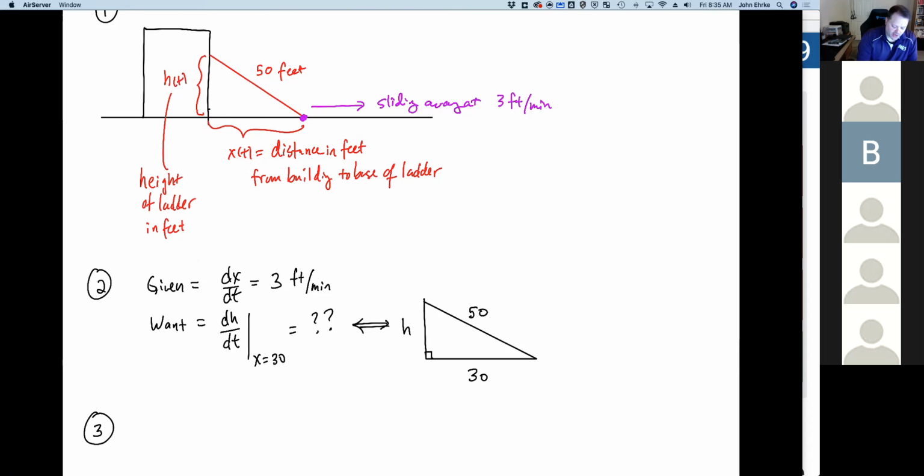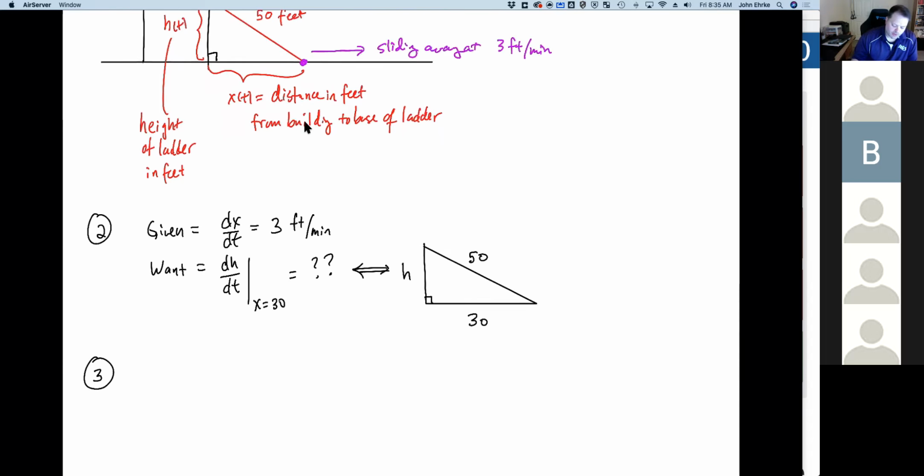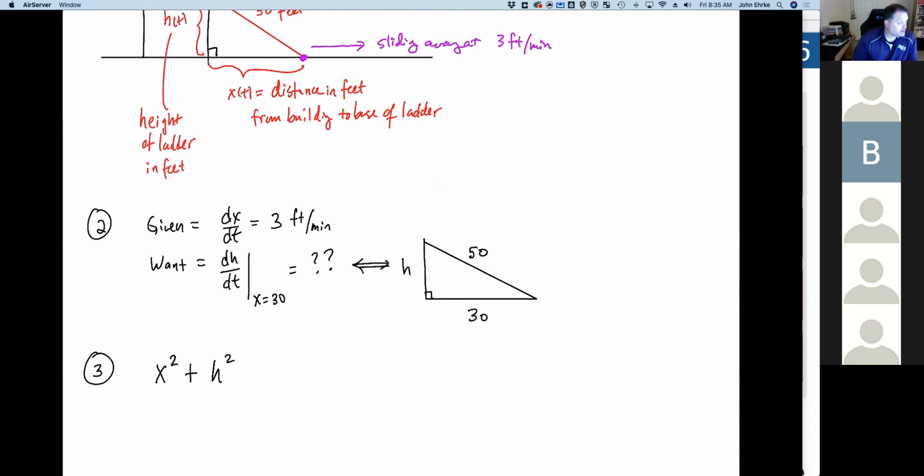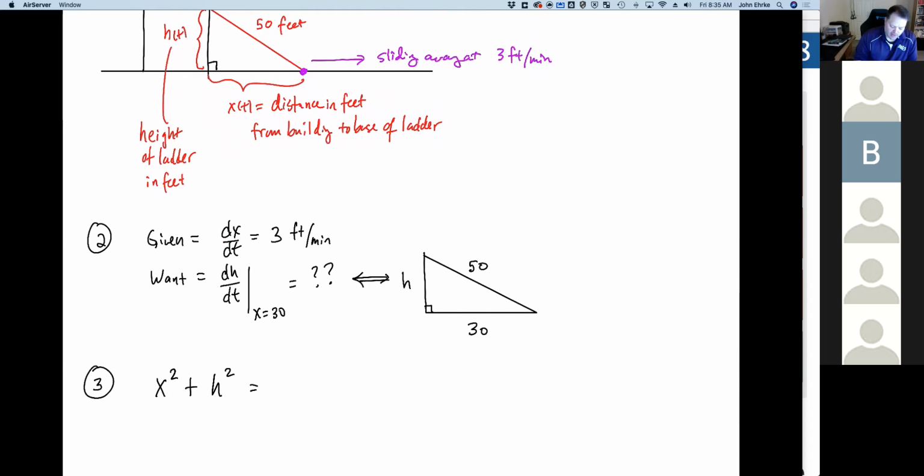This is a right triangle, and that's important. Pythagorean theorem, right? If you have a right triangle, side squared plus side squared is the hypotenuse squared. So on this triangle, x squared plus h squared, those are the sides of the triangle, is going to equal the hypotenuse, which is 50 squared.